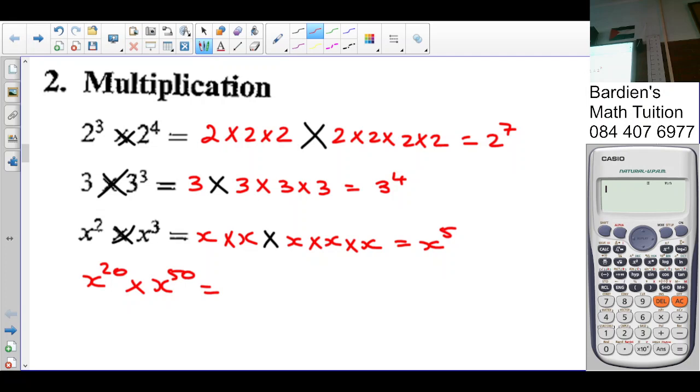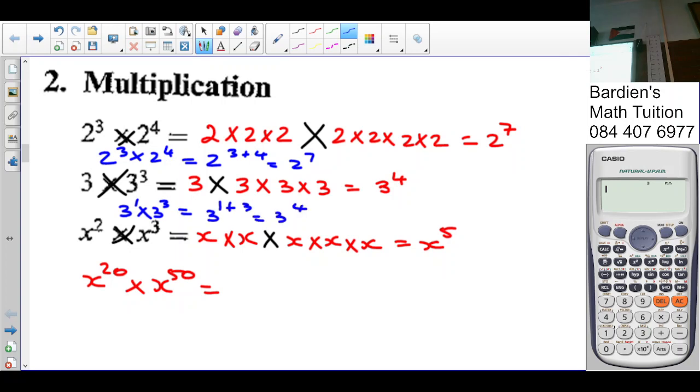Because if you look at what is given here, it was 2 cubed times 2 to the 4. It's the same as saying 2 to the 3 plus 4, which is 2 to the exponent 7. Not so? Here we got 3 times 3 cubed. There's a 1 here. So it's 3 to the 1 plus 3, which is 3 to the power 4.